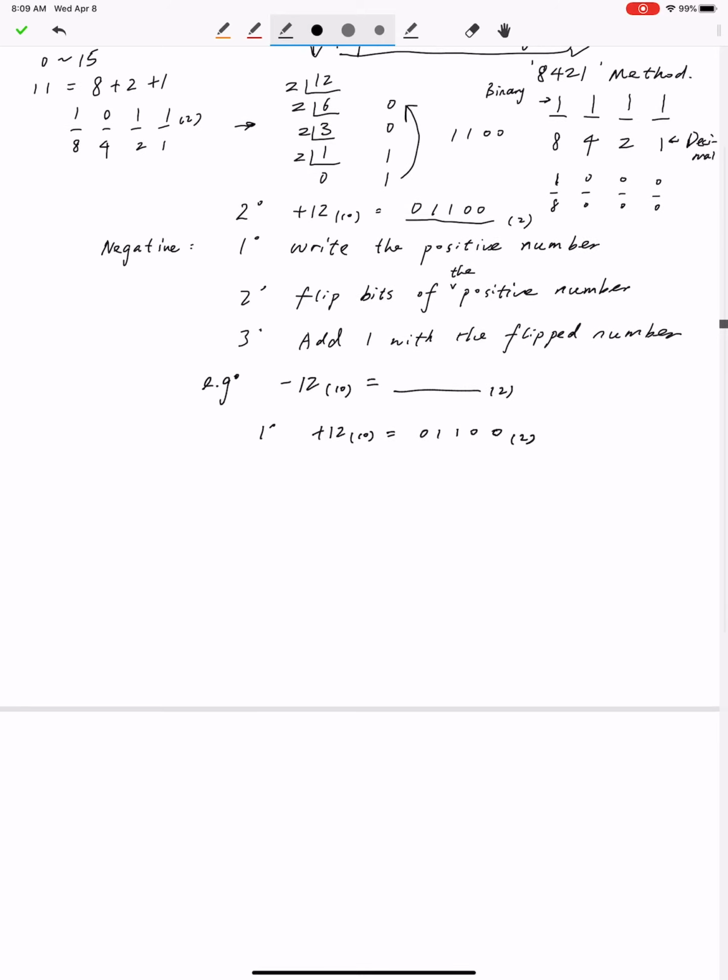All right, and then the second step we want to do is we want to flip the bits. Flip the bits means whenever you have 0 in a digit, you change that to 1. Whenever you have 1 on a digit, you change that to 0. So basically, it's like flip a coin. Coin has two sides, right? If one side is toward you, then you flip that to the other side.